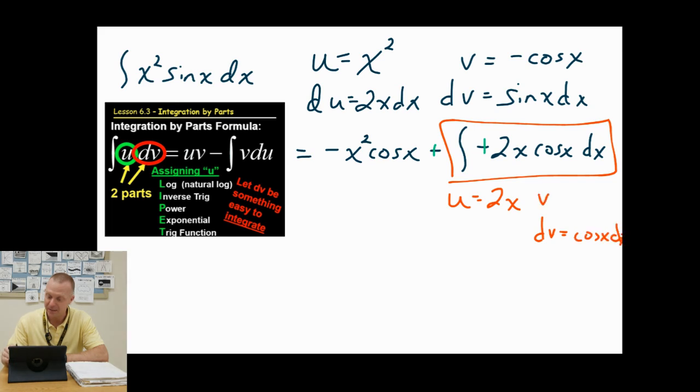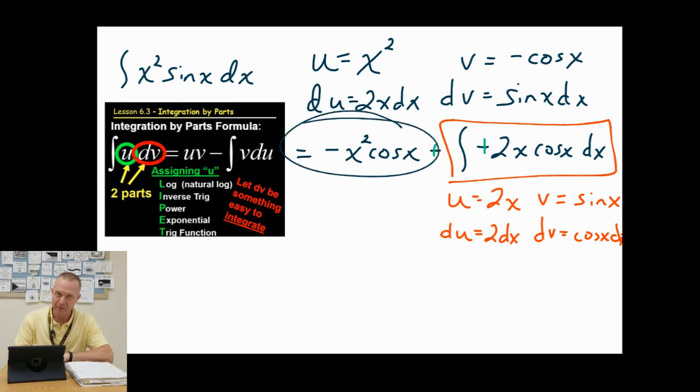And let's see here. The antiderivative of cosine, that's just sine. I almost forgot the derivative of u over here. That's going to be a 2 dx. But the point is that the only way to do that red integral is to set up another parts formula. Now, you don't want to lose track of what you've already done, and that's my negative x squared cosine of x.